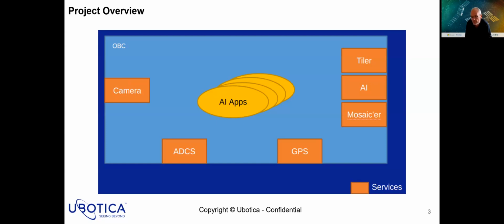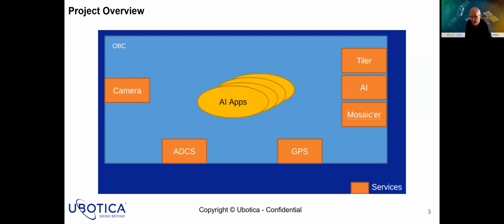And then we have 3 services that are used to manage the processing of the AI image itself. The images that come off the camera, as I said, are multispectral. There are 8 channels, and they are quite large images.